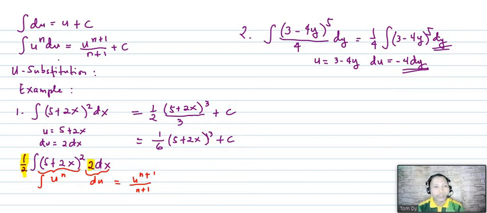In other words, if you have a problem, you have to identify what particular formula you are going to use. So for this case, we want to use this formula. If we want to use this formula, we have to check our u and our du.